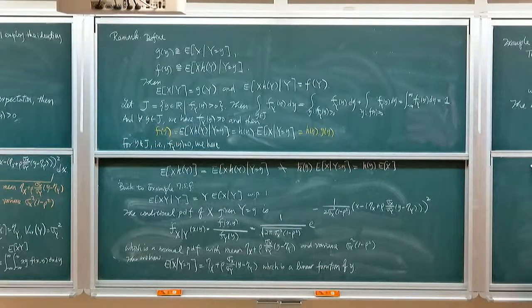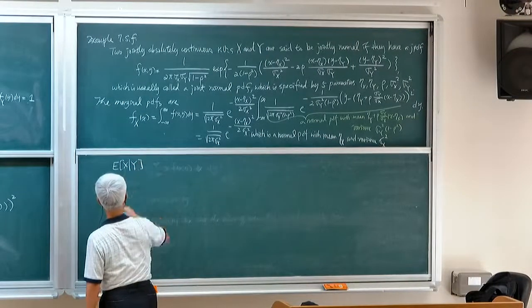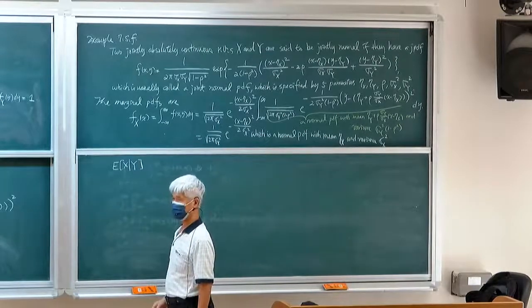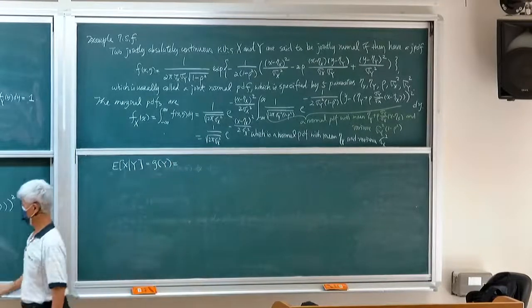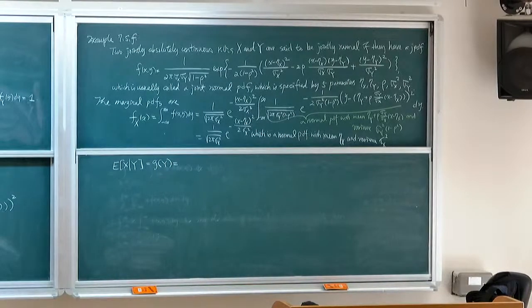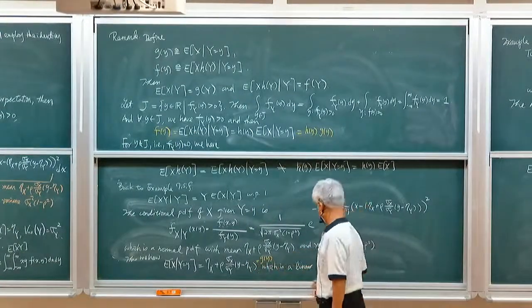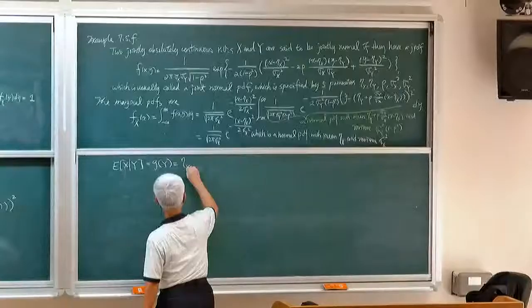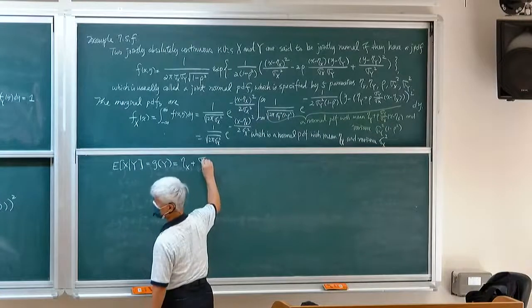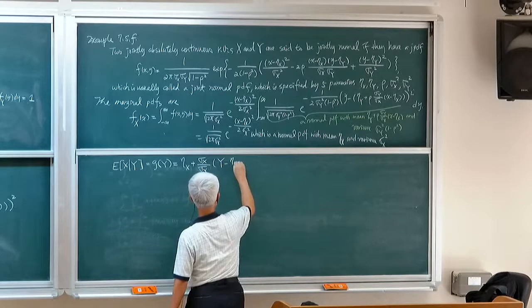And then that conditional expectation of random variable x given random variable y is just g of y, little y here. And g of y is a linear function of y. So this is a constant plus sigma x divided by sigma y times (capital Y minus eta y).